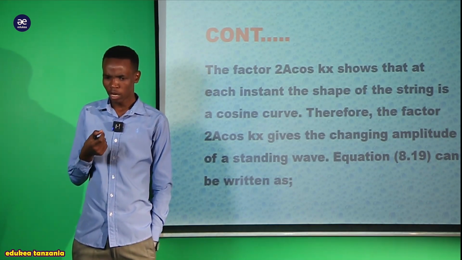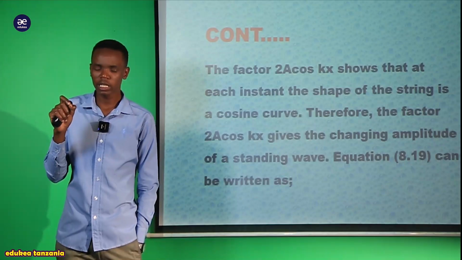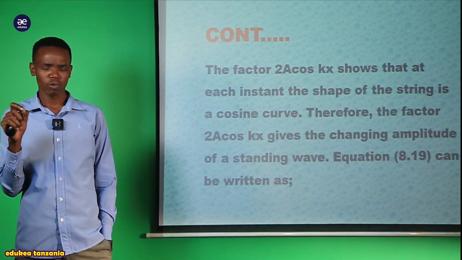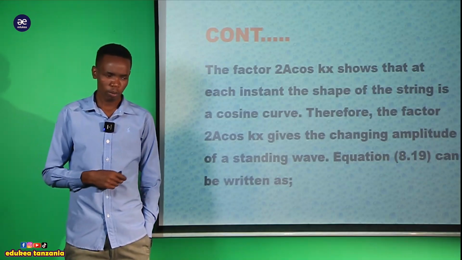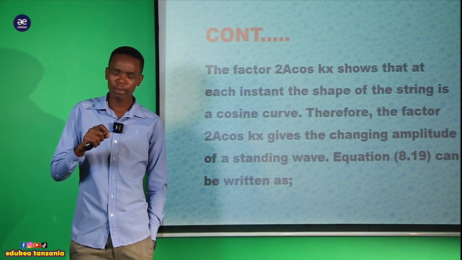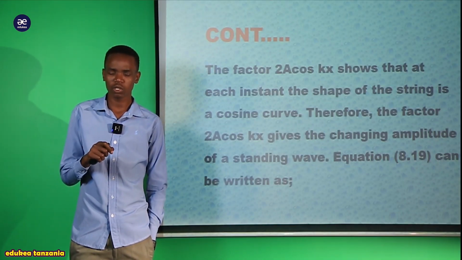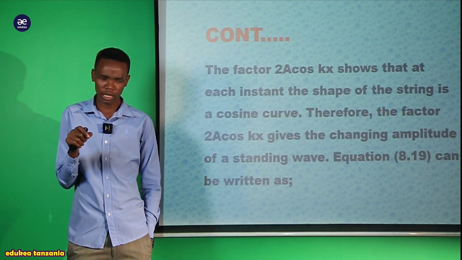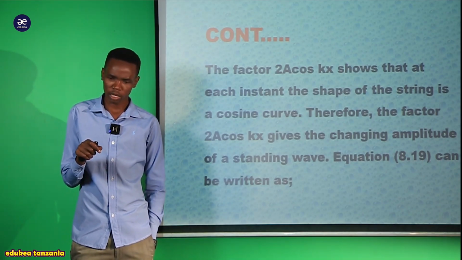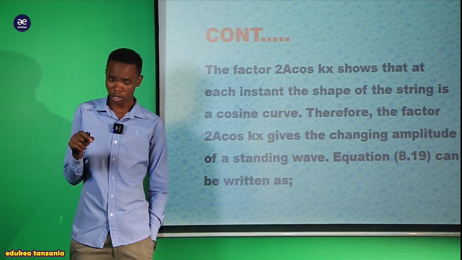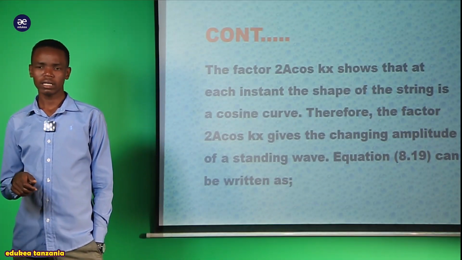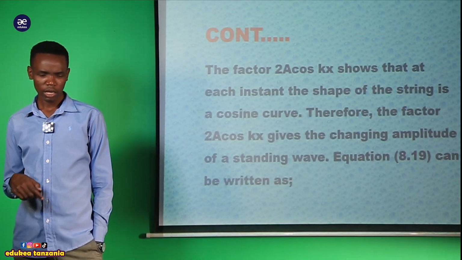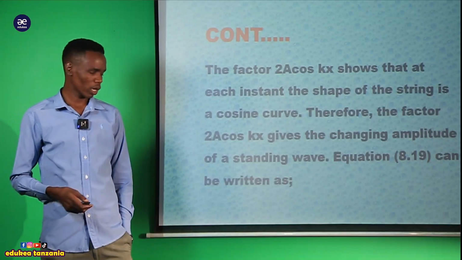But if we recall the trigonometric transformation, we obtain that the net displacement is equal to 2a cos kx, times sin wt. That is what we demonstrated.